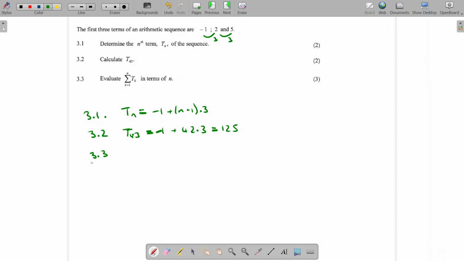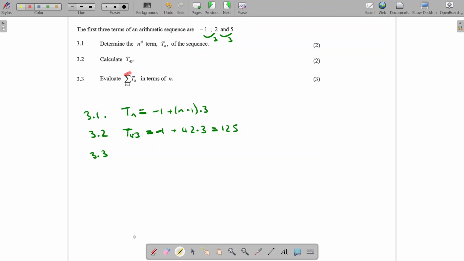3.3. The only change now is that they haven't given us the end value. So all we're going to do is leave the formula in terms of n, as they've asked us to do.